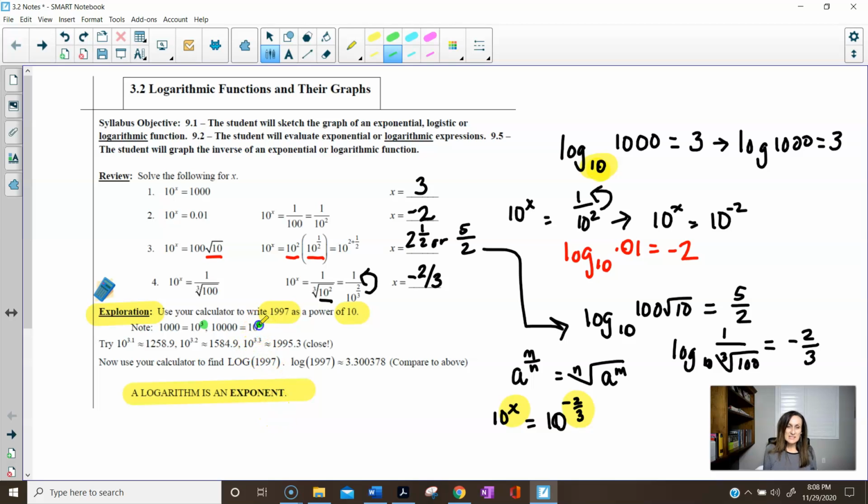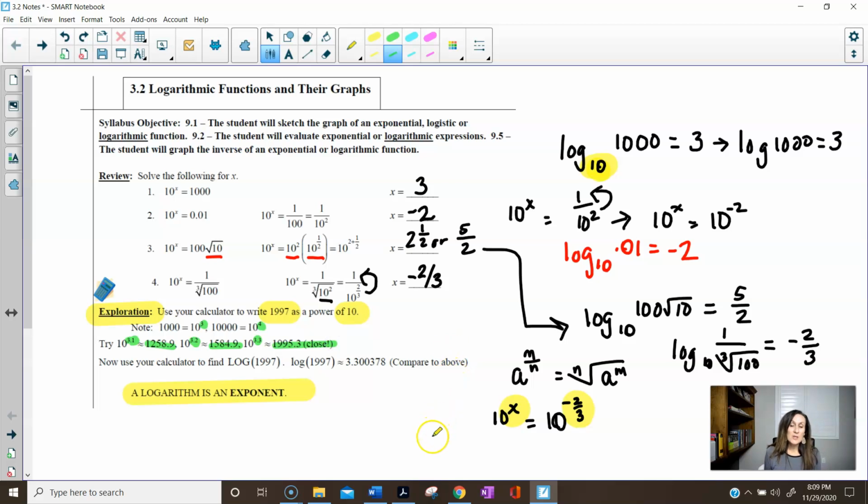Then you do 10 to the fourth, and that's way too big. So you start experimenting with decimals: 10 to the 3.1, which is too small, then 10 to the 3.2, and we're getting closer, and then 10 to the 3.3, and we're even closer at 1995.